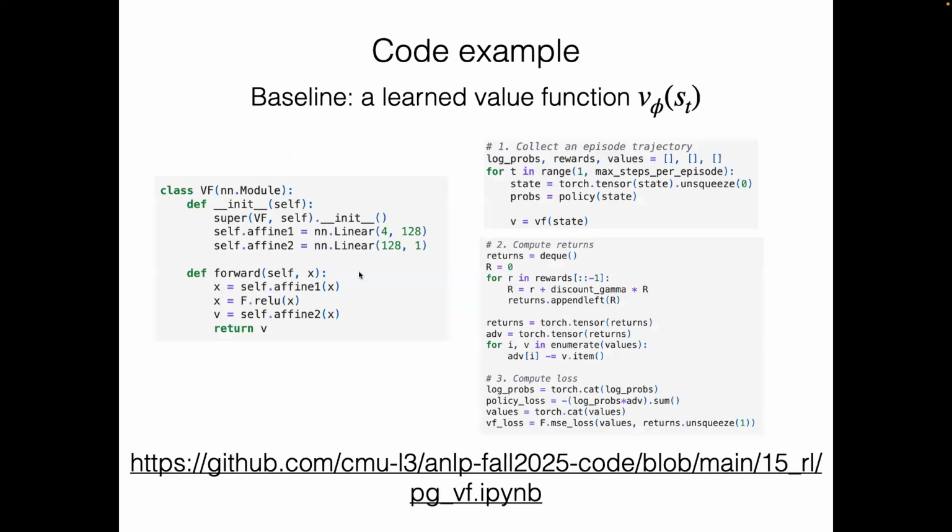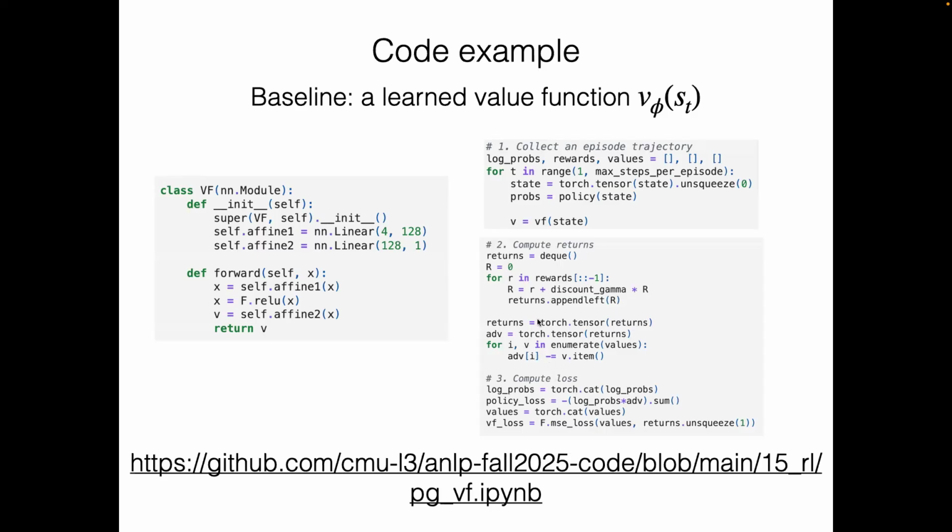But for this one, I made this really simple value function baseline. So here again, the value function just takes in the state and tries to predict the future reward. And so now when we're collecting these trajectories, you can just get the value of the current state. And then here, let's just say compute advantages, you could see we're basically subtracting the value from the returns.